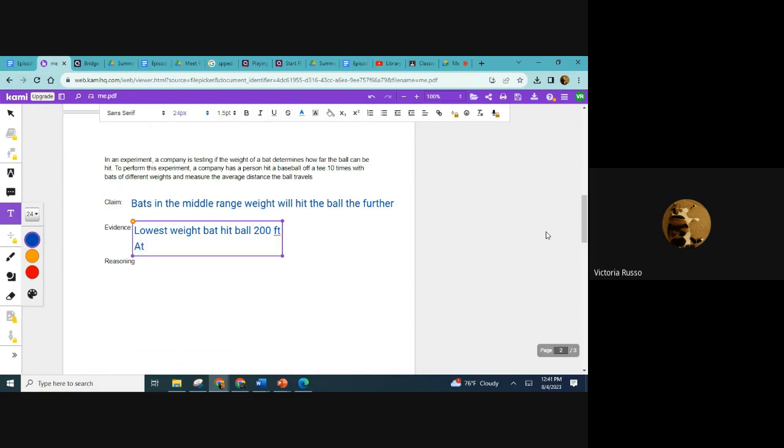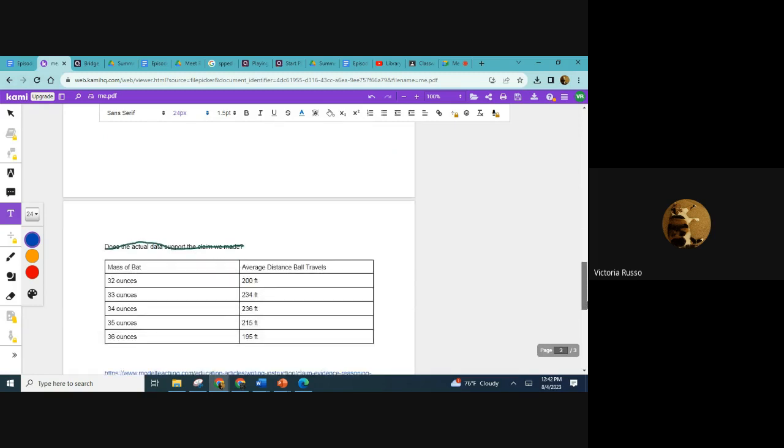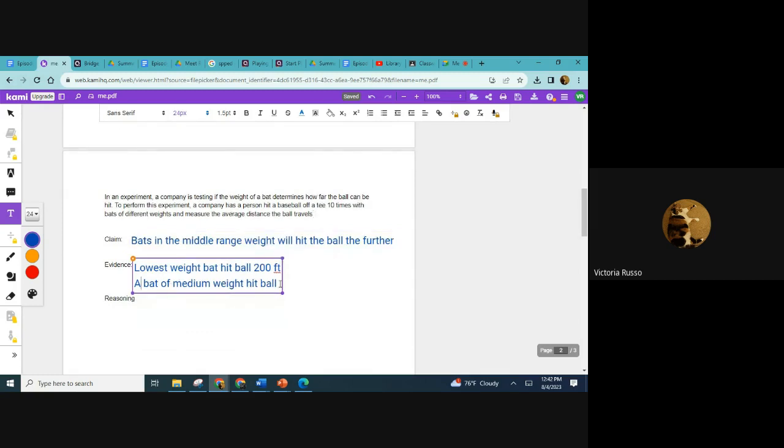A bat of medium weight hit the ball. Let's see the one that's in the medium, which is right in the middle, 236 feet.